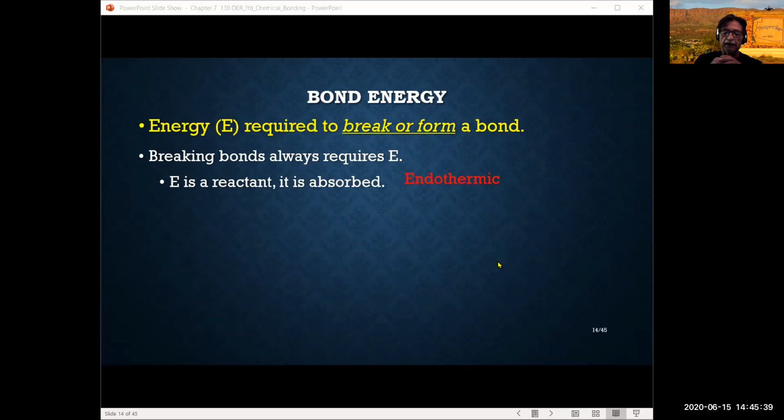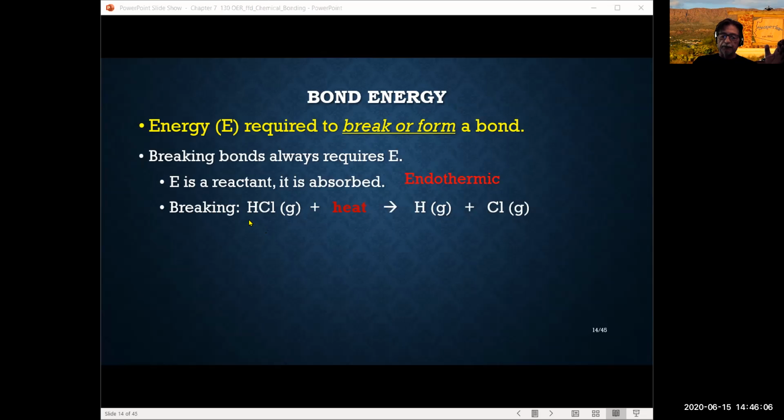Well, that's because there is breaking of chemical bonds in that compound in that package, and it requires energy to do that, and it takes it from the environment, resulting in the cold material. We call that an endothermic process, and what we mean is that heat or energy is a reactant.